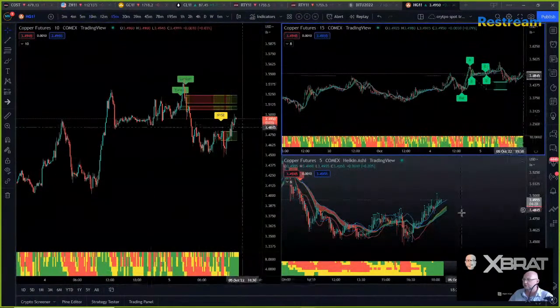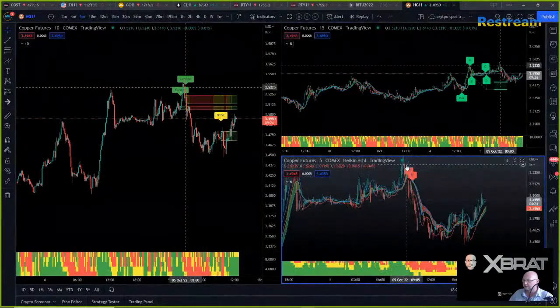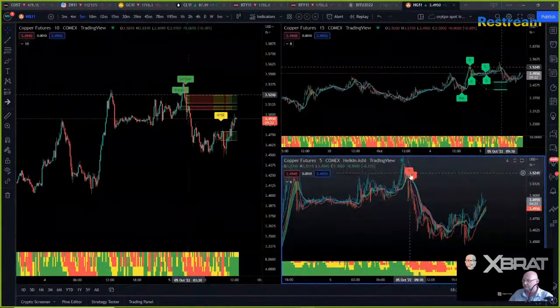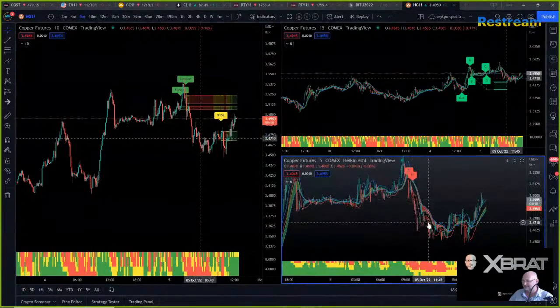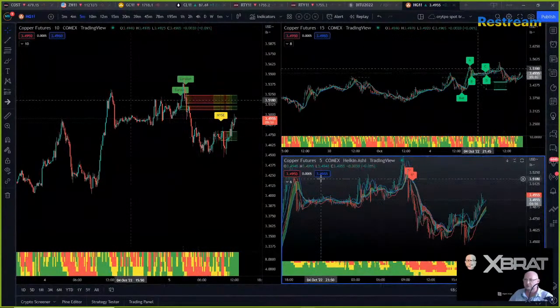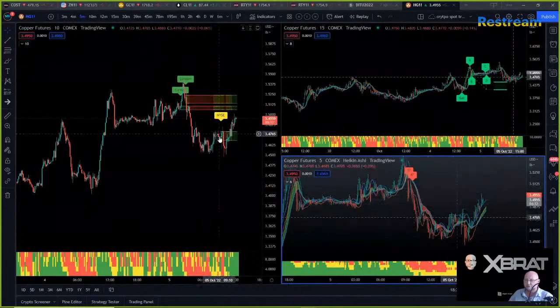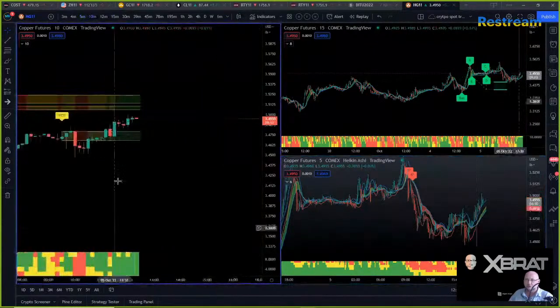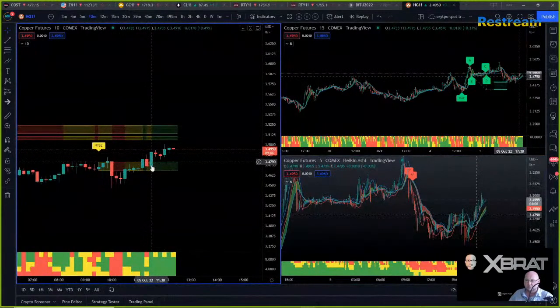Not everything will be in the groove all the time. There was a great short today, just after the oil open, a short on copper futures on the 5-minute was fantastic. There's the London European Open, there's the New York Stock Exchange Open, and there was a great trade coming back through there.